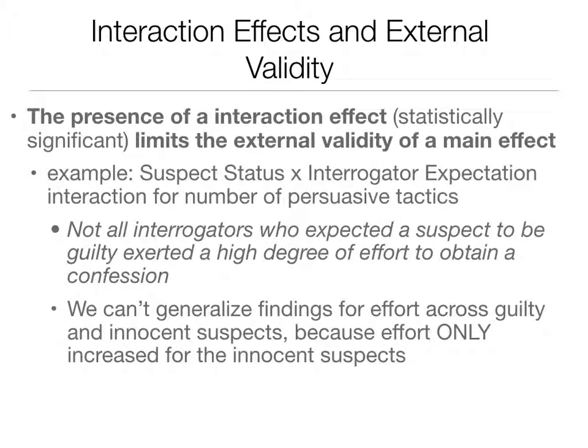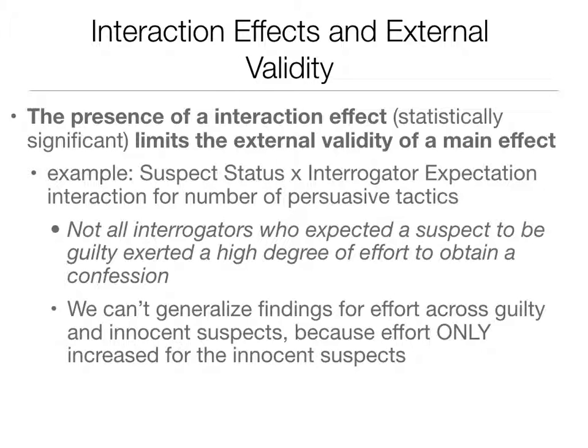Other than that, the effort was pretty much the same. So because of that interaction, we can't make these kinds of blanket, externally valid statements about the effort to obtain a confession, because it was only true when these two independent variables interacted.